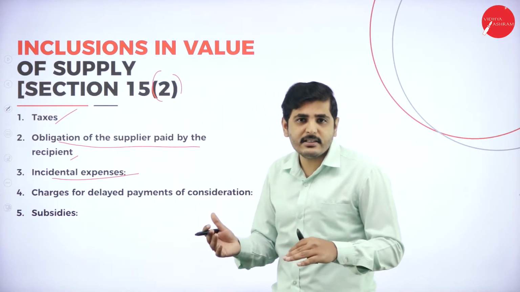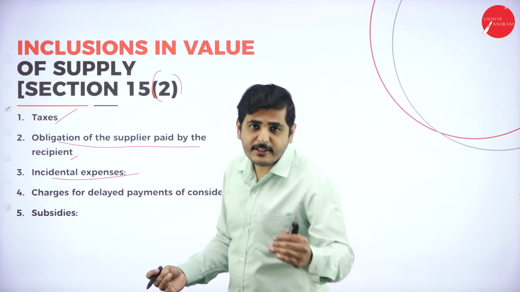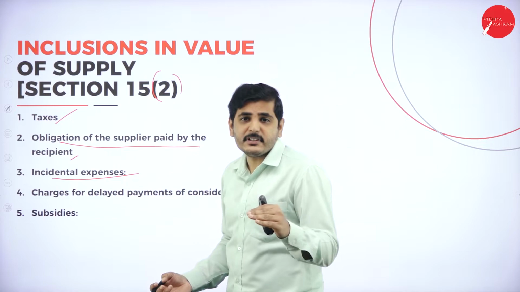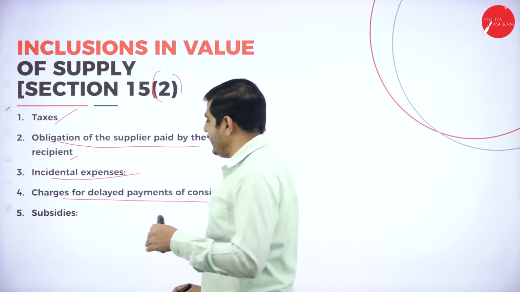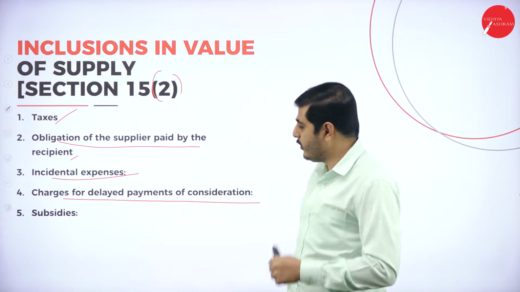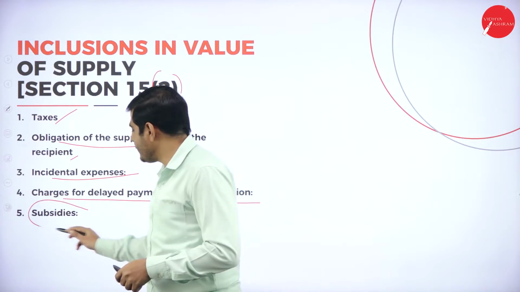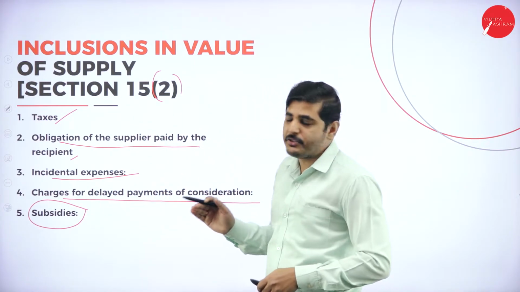Loading and unloading charges, verification charges, testing charges, traveling expenses and other transportation expenses like that. Next one, charges for delayed payment, late fees, and any other charges are included in the value of supply; those items you have to take. Next one, subsidies. Other than government subsidies, we should consider subsidies.